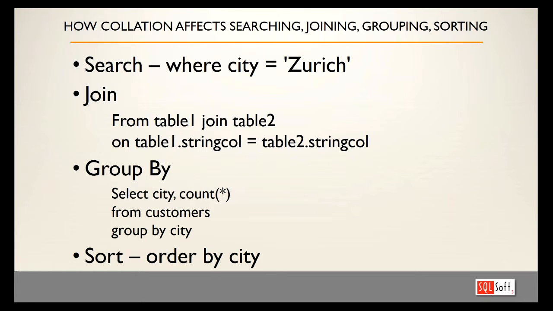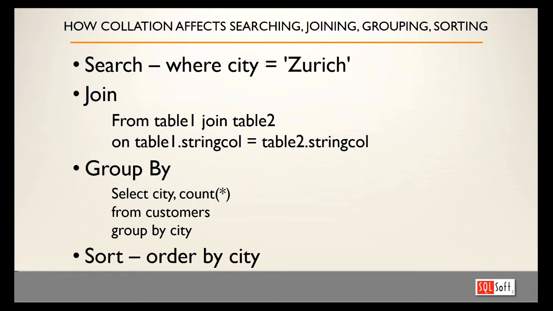Joining: when you join two tables together based on a criteria, in this case table 1 string column equals table 2 string column, first of all, assuming they have the same collation, how are they going to compare in terms of case sensitivity and accent sensitivity? Which rows will match up? In a group by, you're dividing data up into groups.